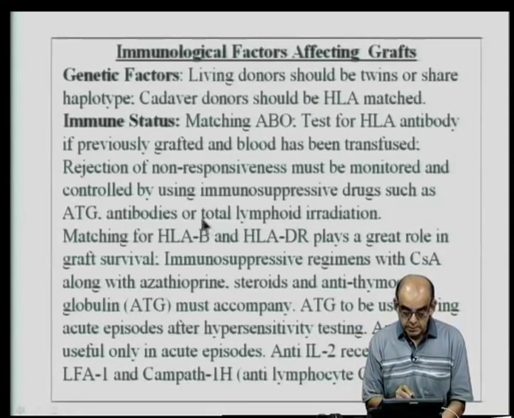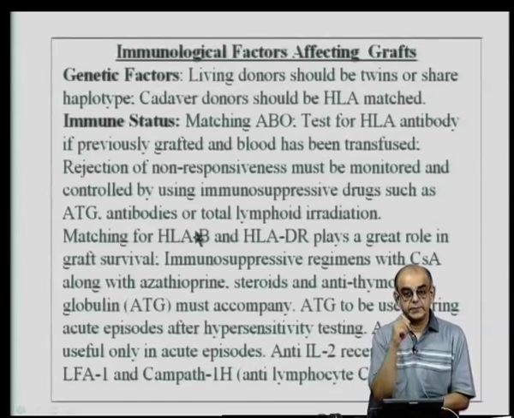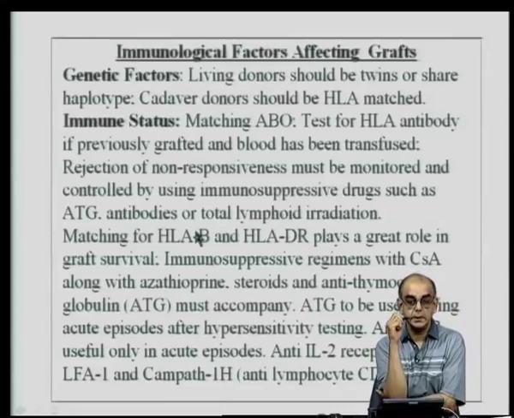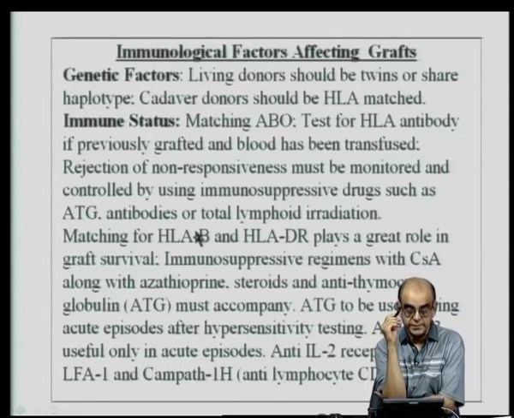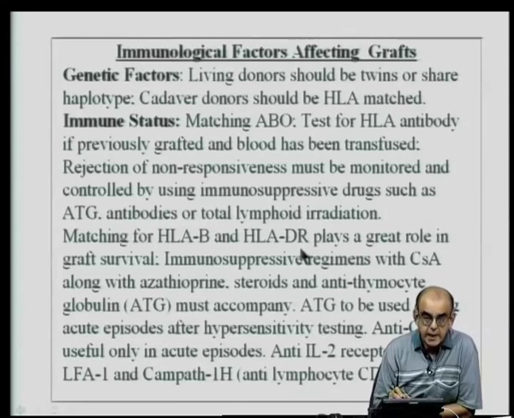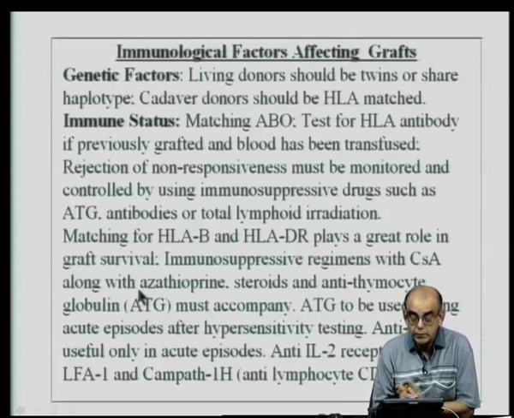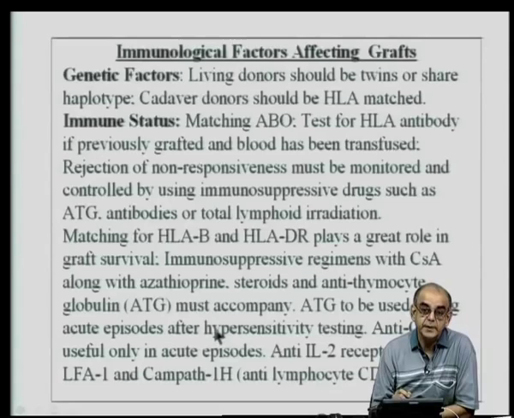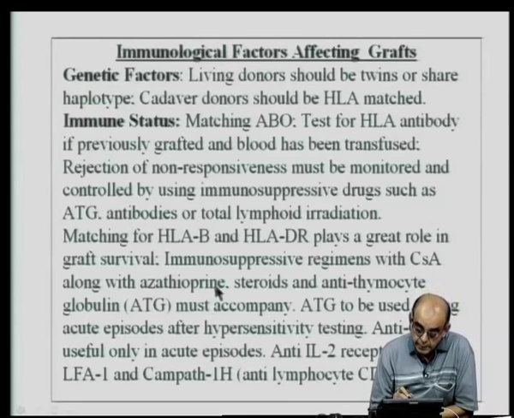But this total lymphoid irradiation is now not being preferred as much as in the earlier days. Matching for HLA-B and HLA-DR plays a very great role in graft survival. Relative to HLA-A and C, HLA-B and DR need to be considered much more.